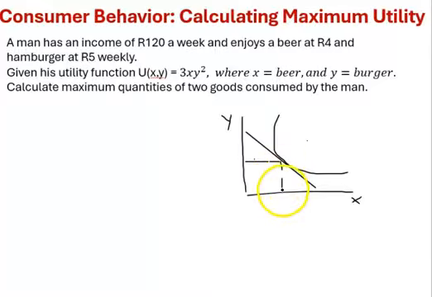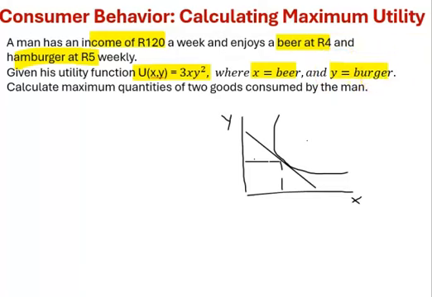So given this example here, it says that a man has an income of 120 a week, and enjoys a beer at 4 rand and a hamburger at 5 rand. Given this utility function, 3xy squared, where x equals beer and y equals hamburger.